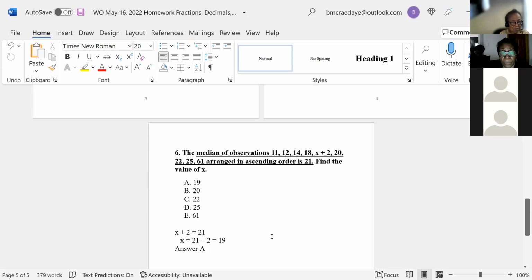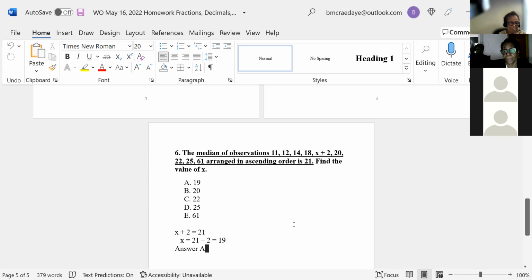Answer A. 1, 2, 3, 4 items, right? You have 9 items. X plus 2 in the middle is the median, and they told you that is 21. So you just subtract the 2 from the 21, and you get 19. That's your answer.